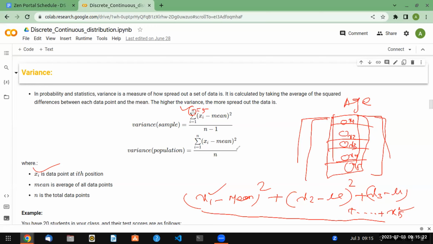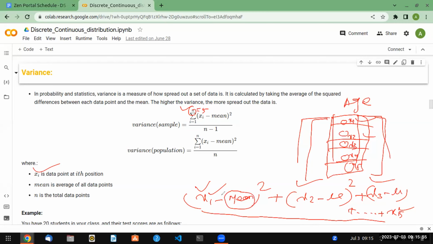Now, once you calculate the mean, to calculate the variance we are subtracting the mean from every data point, isn't it? Every data point we subtract the mean, then we do the square. By subtracting the mean, we are verifying how much distance this data point, this data point, this data point is from the mean.